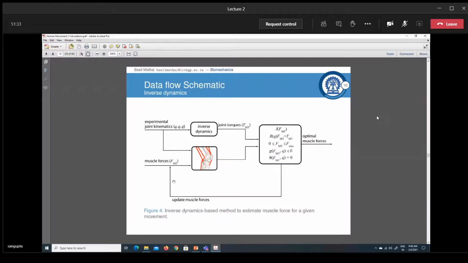So this is basically the flow diagram. So from joint kinematics, you can get joint moments or torques, and then the muscle force calculation that involves a different optimization technique.